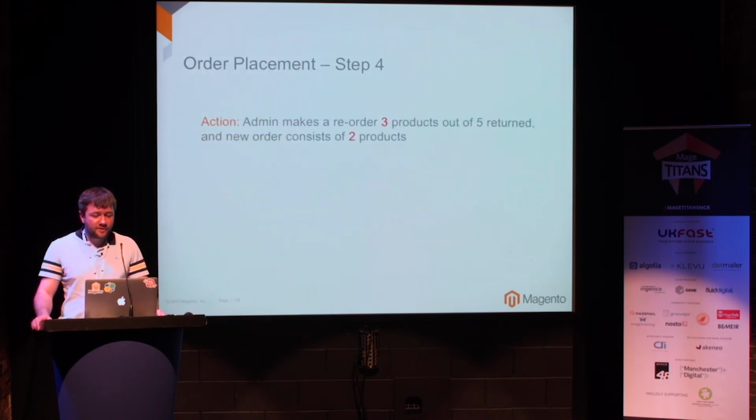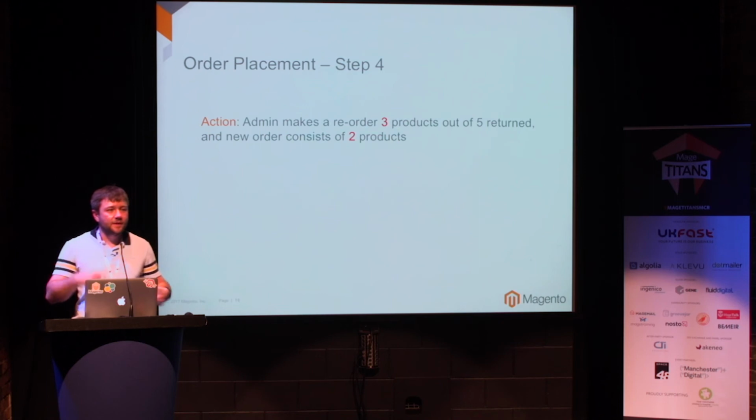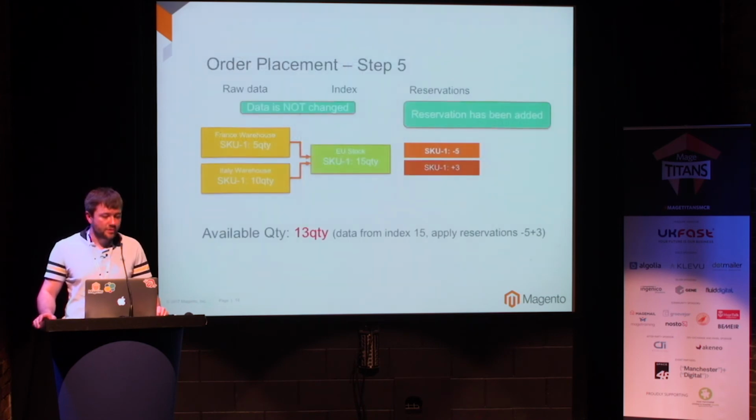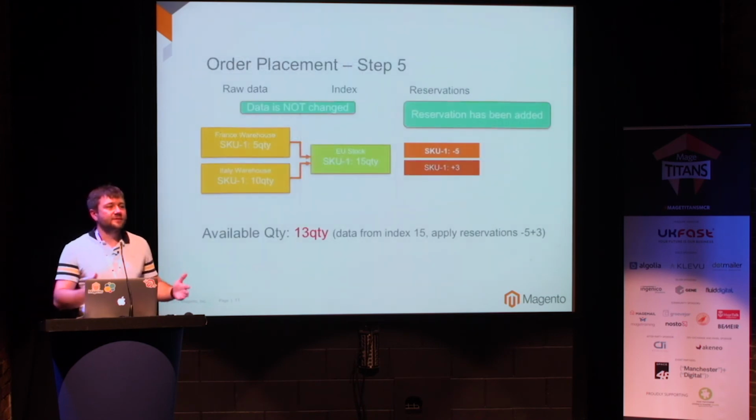After that, for example, the admin comes to the admin panel, because the first customer who made an order decided to change it: he thought five items were too much and he would be okay with just 2 items of that product, so we need to return 3 items back to the stock. What do we do here? We create another reservation. We don't affect the real index.